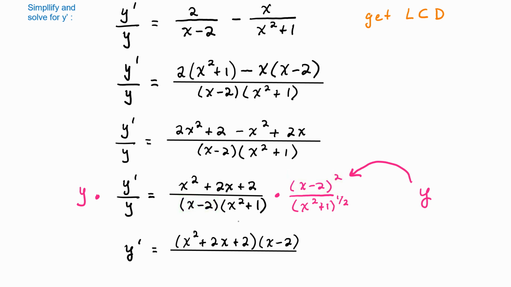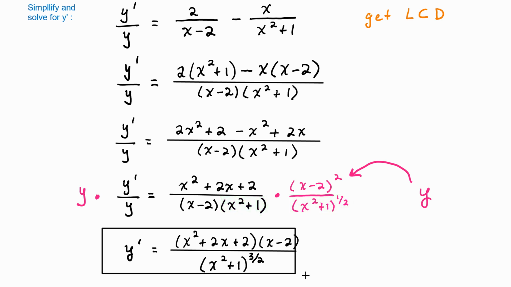And in the denominator, the x squared plus 1 here is to the first power, and then we multiply that times x squared plus 1 to the 1/2 power, and it becomes the quantity x squared plus 1 to the 3/2 power. And this is our result.